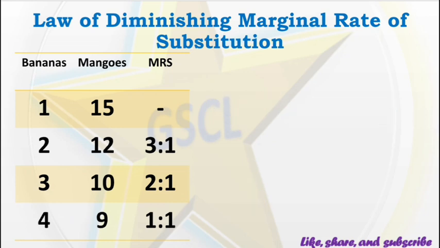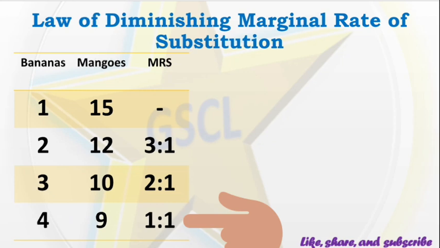Lastly, at situation 4, marginal rate of substitution is 1:1. Thus, marginal rate of substitution is just a ratio that depicts how much of one commodity has been given up in order to get one extra unit of another commodity.